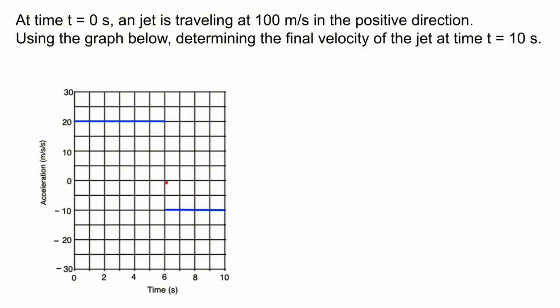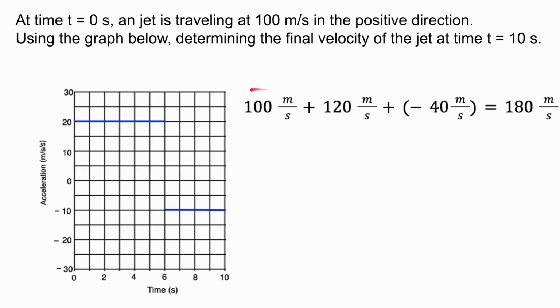And here I have negative 10 times 4, so that's negative 40. So I just have to sum this up. So I'd say, well, the jet was initially going 100 meters per second. I added 120 in this section here. That was its delta v here. And then I had negative 40 meters per second in this section here. And when I add that all up, being mindful of my negatives, I get 180 meters per second.